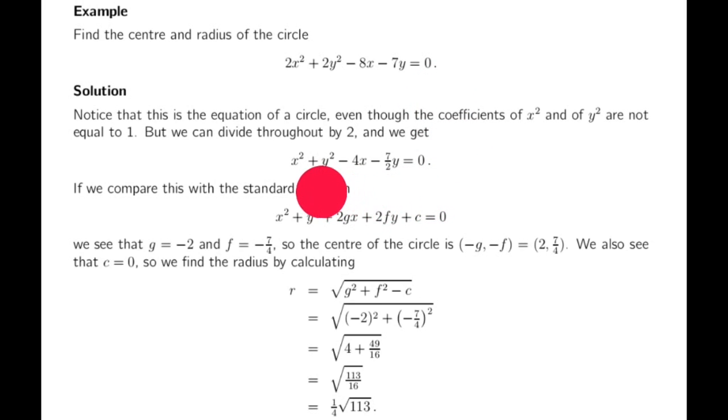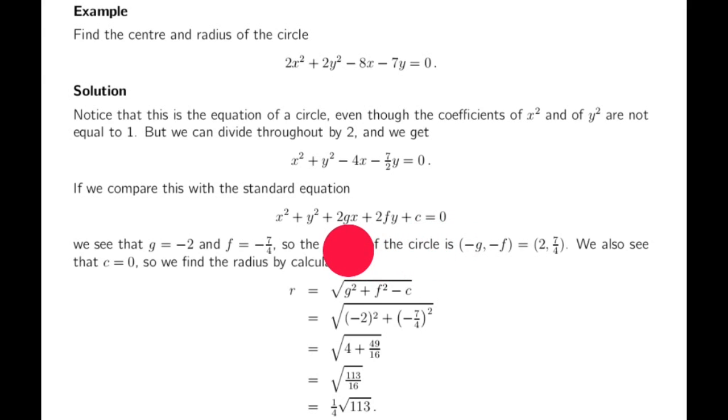Now, we compare this equation x square plus y square minus 4x minus 7 by 2 y equal to 0 with the general equation of the circle x square plus y square plus 2gx plus 2fy plus c equal to 0.